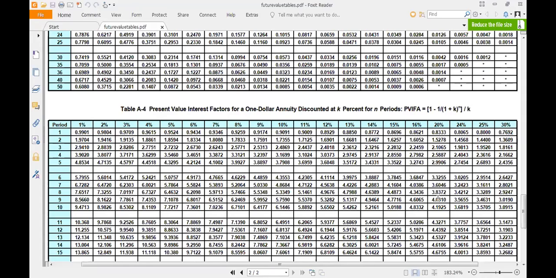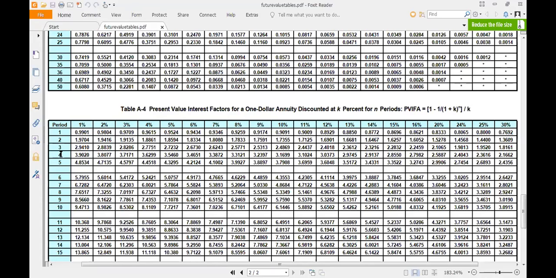The value was 2.9409. Now the life of the investment or life of the project is 4 years. Also see that I'm using the present value interest factor for annuity. Okay, we will always use the annuity table in IRR to find out the rates.